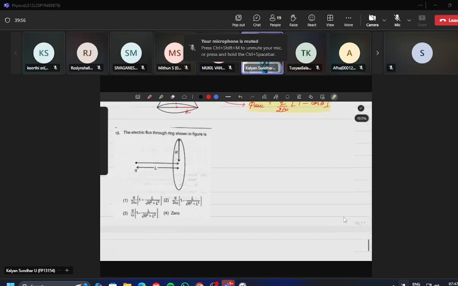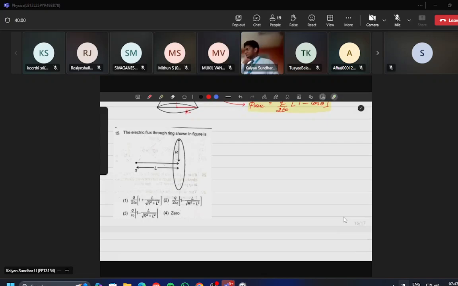So this is a question for you. Electric flux through the ring. So Q by 2 epsilon naught into 1 minus cos theta. The cos theta value will be the same thing again. This will be cos inverse of L under root of L square plus R square, minus 1.